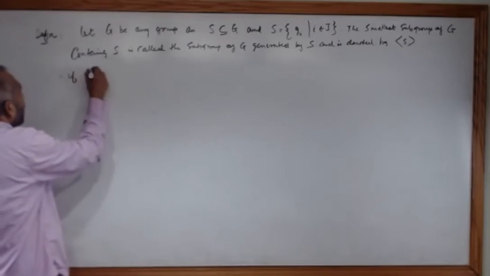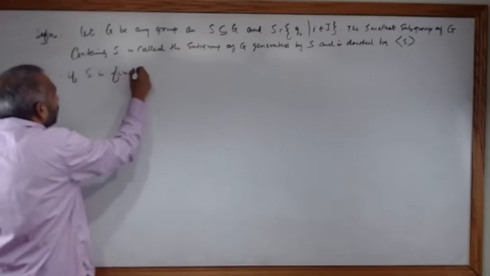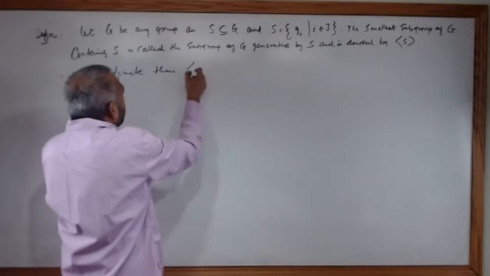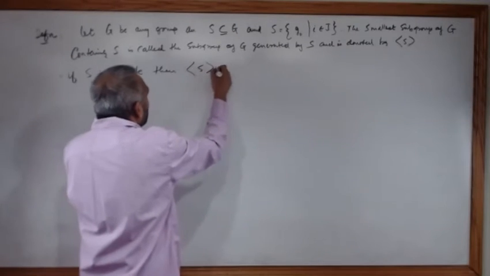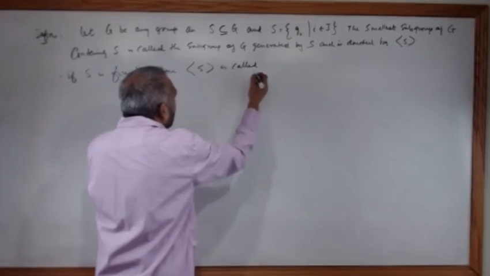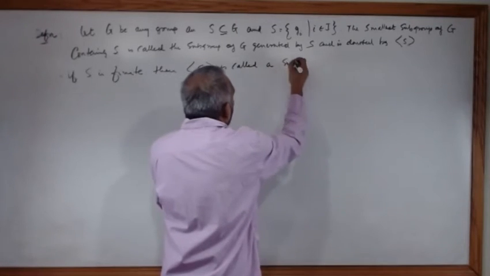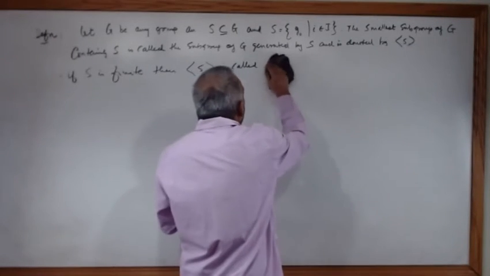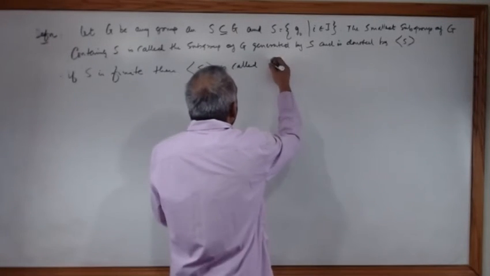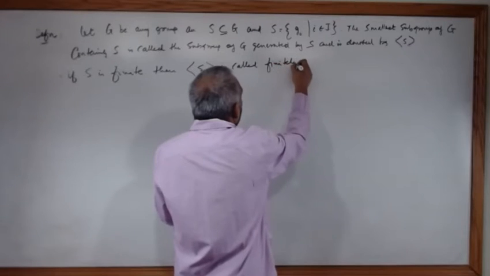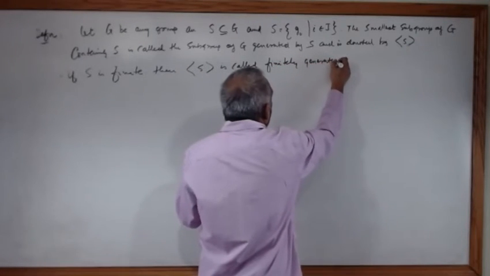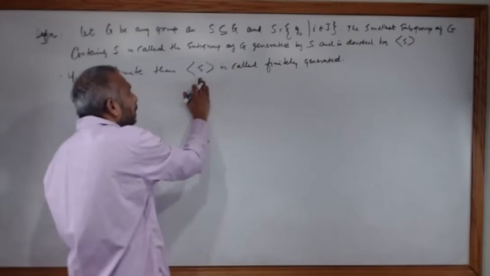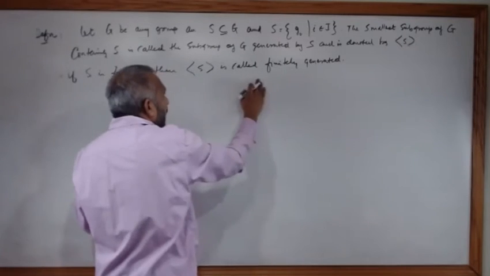If S is finite, then the subgroup generated by S is called finitely generated. That does not mean that the subgroup is finite, but the only thing is it is finitely generated.